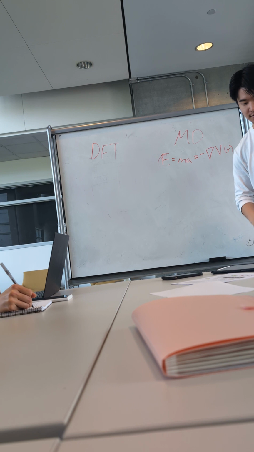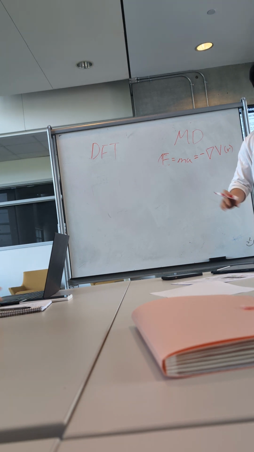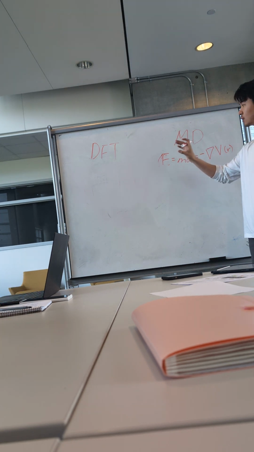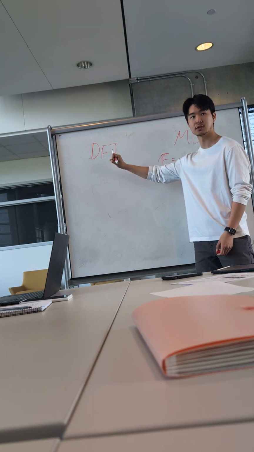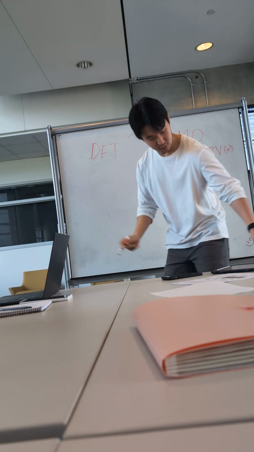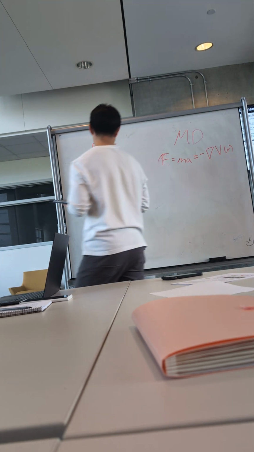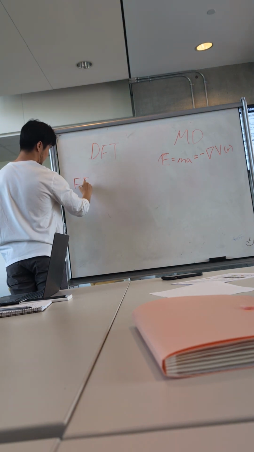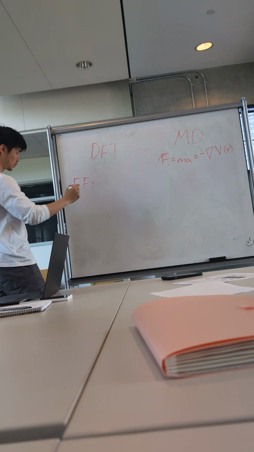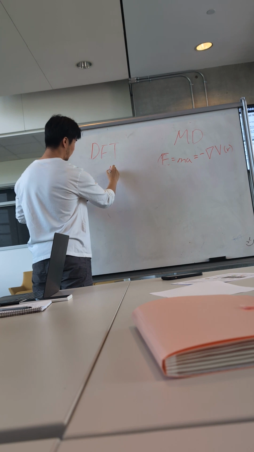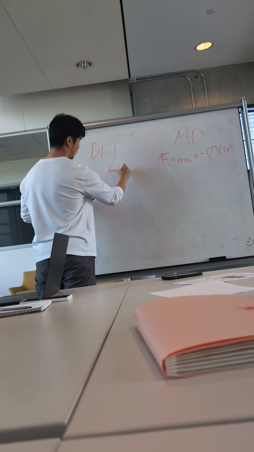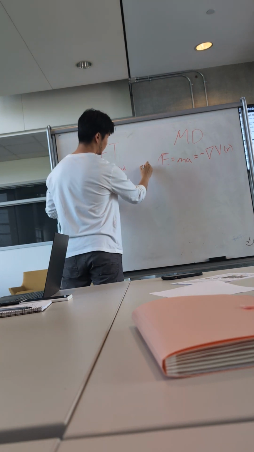Yeah. So those force fields can only come from the DFT calculation. I'll show you why. Force field, we usually write this as FF. It has two parts: bonded interactions and non-bonded interactions.